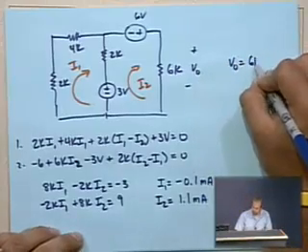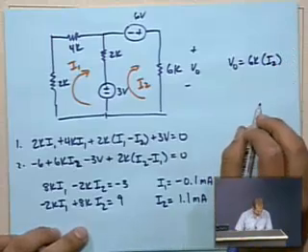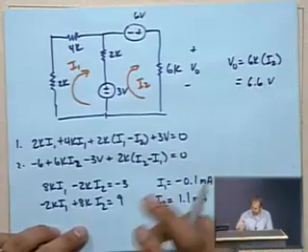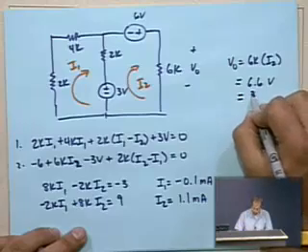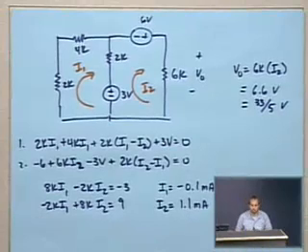V0 is simply 6K times I2, and so that is 6.6 volts. In some places, that happens to equal 33 over 5 volts. For those of you who have the TI-95s and other pretty print calculators, you might see something like that come across as your answer.